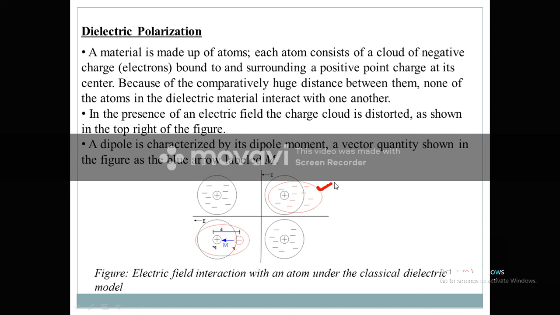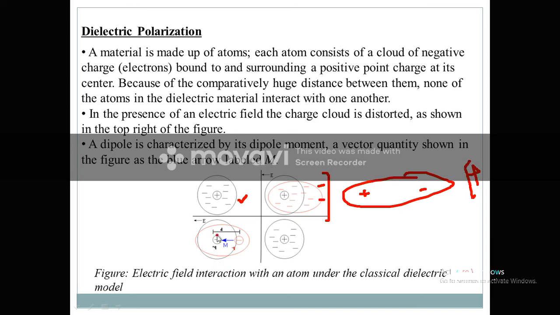This red shows the position of the dielectric material after placing it in the electric field. We get the polarized form of this atom or molecule, with positive and negative charges, so it gets polarized.